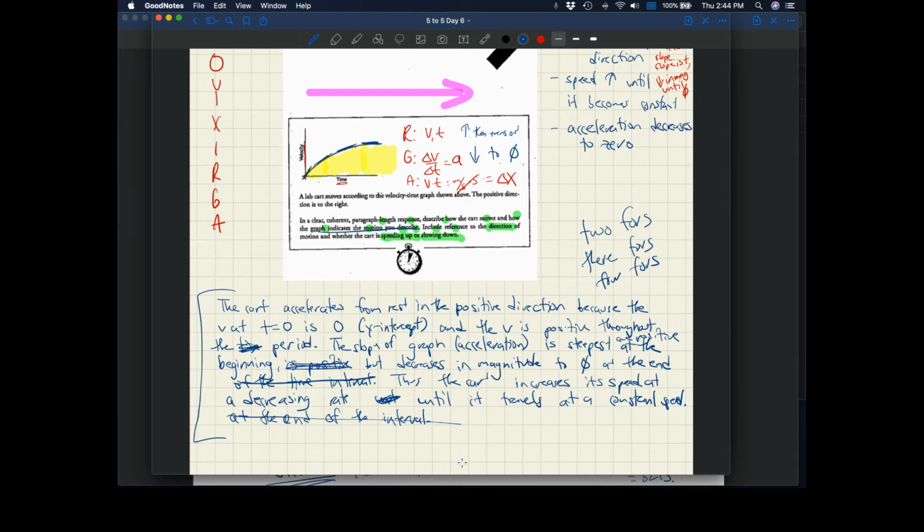But notice the process. We spent most of our time doing the intellectual work of analyzing the graph before we got confused by the question or stressed out. And then we listed the things we wanted to say, went back and double checked against all the things it's looking for, and then we started a draft to make sure that we included everything. Now, I'll point out we've had a lot of conversations so far this year about rigor and accuracy and precision.